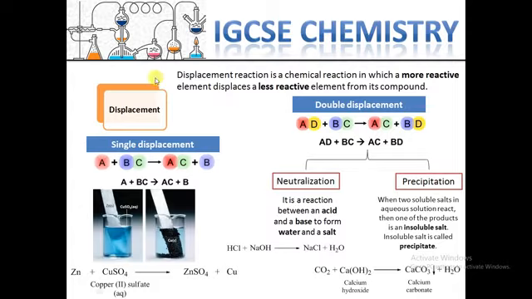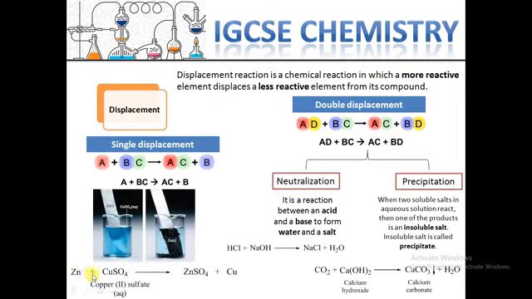Another big group of reactions is displacement. A displacement reaction is a type of chemical reaction in which a more reactive element displaces another, less reactive element. In single displacement, for example, element A has more reactivity and can replace B, and finally A and C make another compound, and B is left alone.